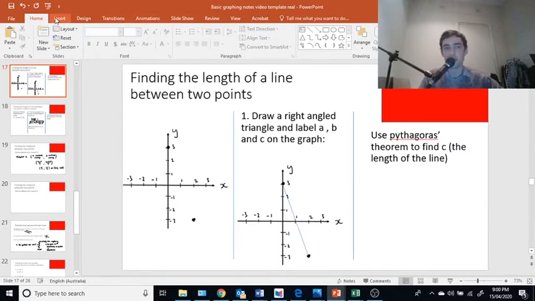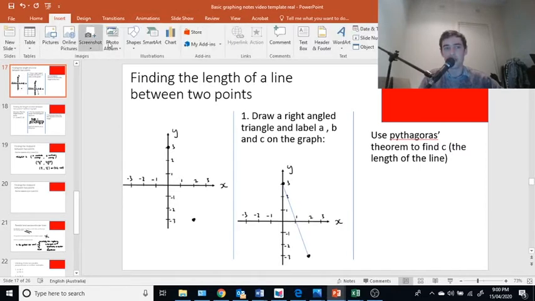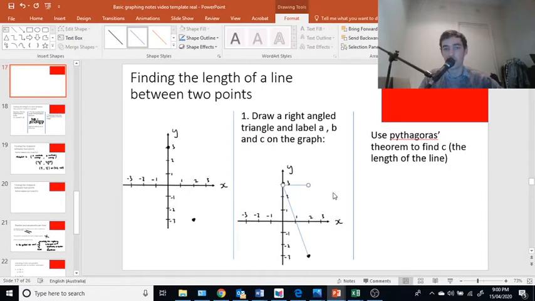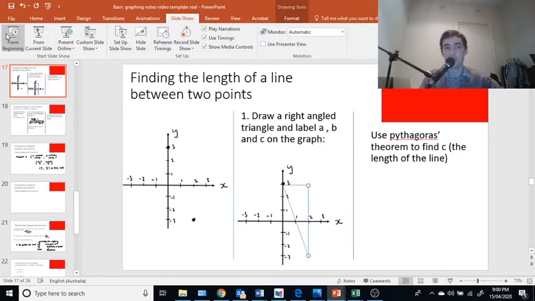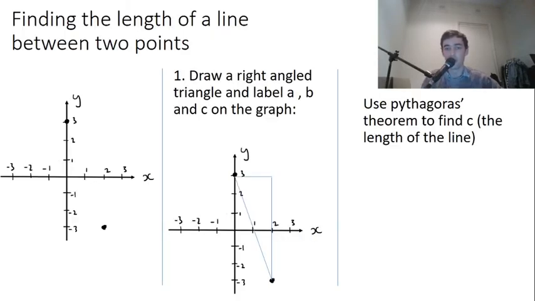And we're going to draw 2 more sides of the triangle, which will help us to find that diagonal side. So here's our 2 sides. Now, you can hopefully see where the right angle of the triangle is. It's over here.